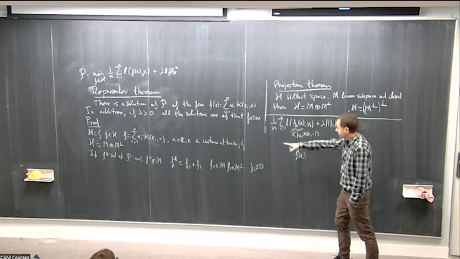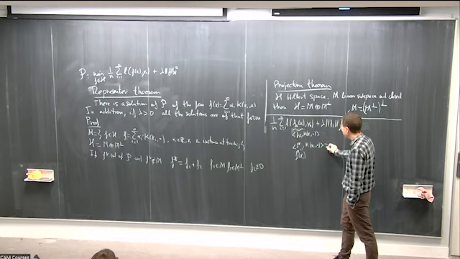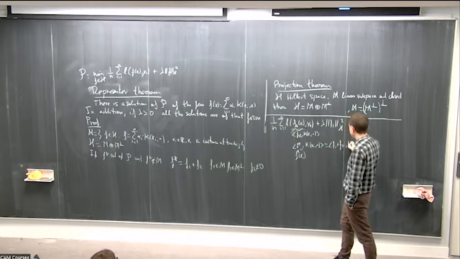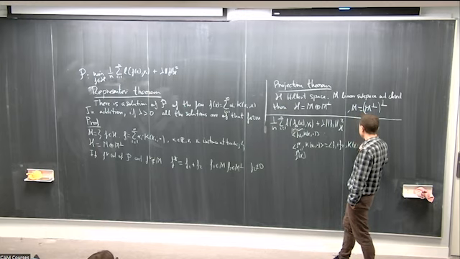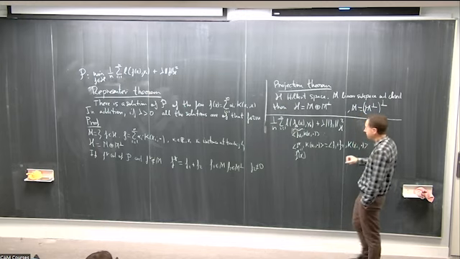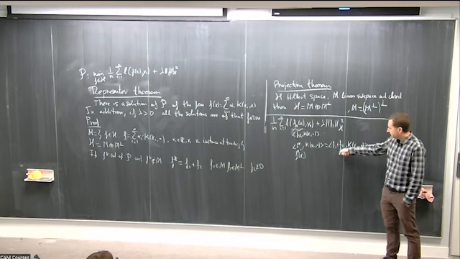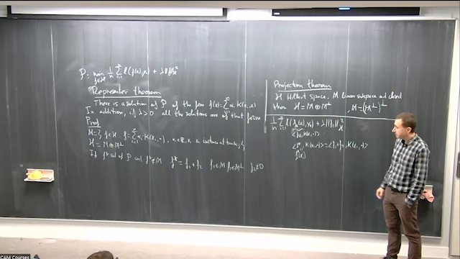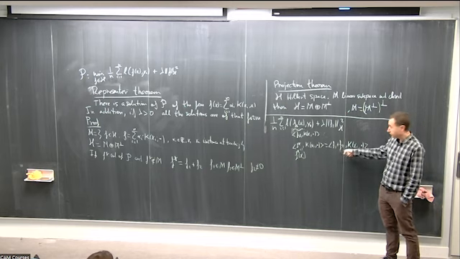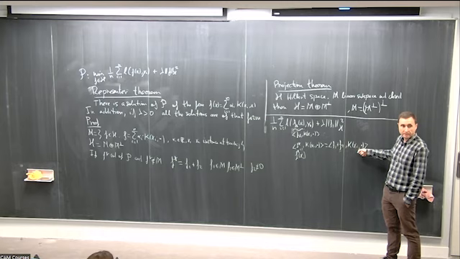And since F star is F1 plus F2, this is the inner product of F1 plus F2 with the section, right? But now F2 is in the orthogonal of M. So when we do the inner product of F2 with the section, we get 0, right?